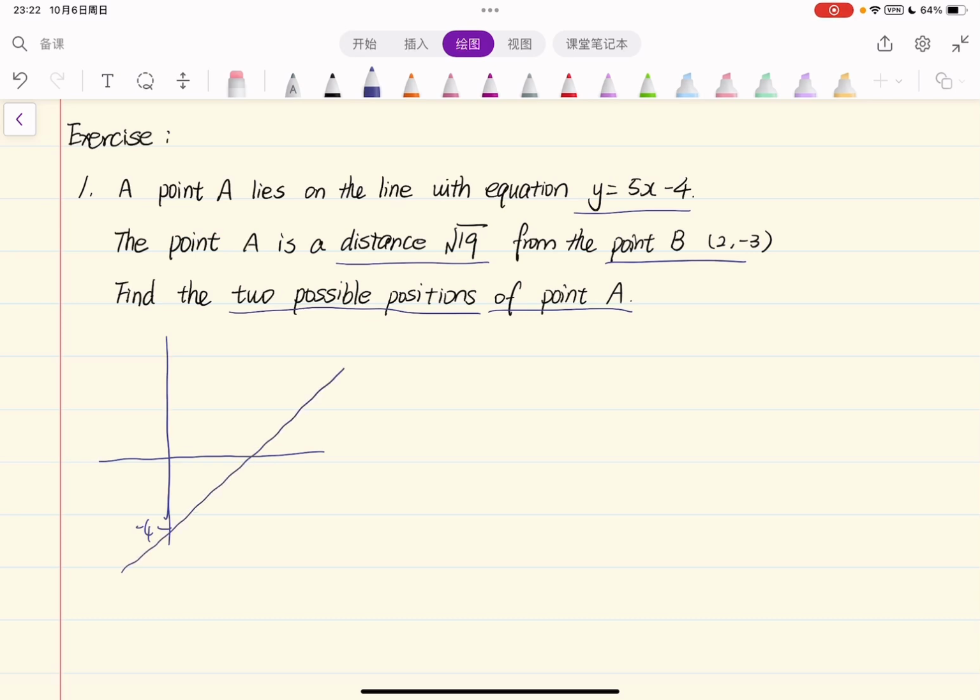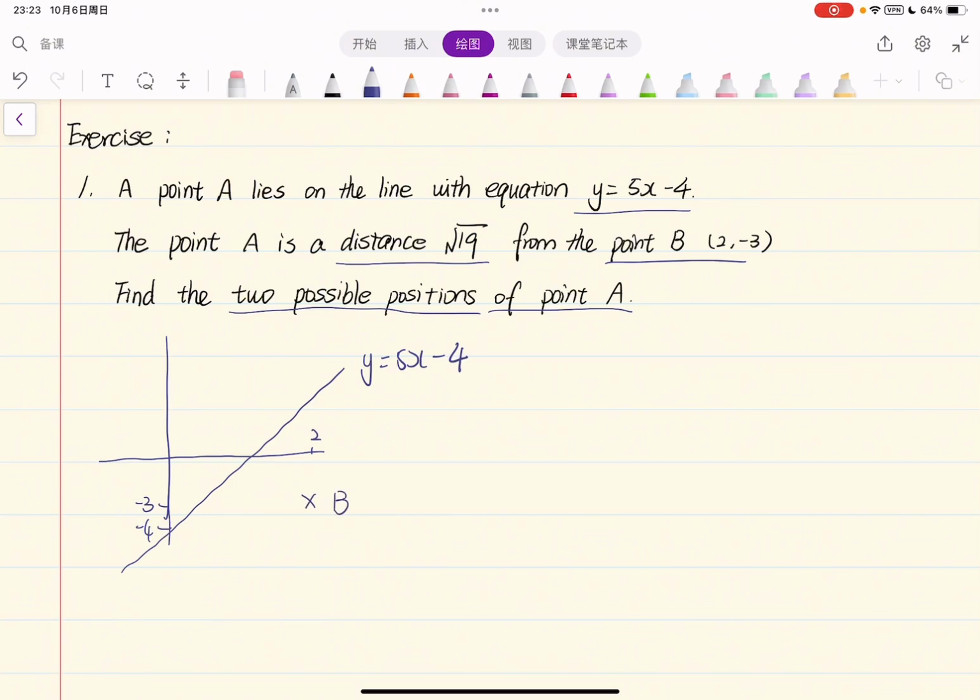The sketch looks like that because 5 is positive, so it's upward. That is y equals to 5x minus 4. And we need to sketch point B, that is 2, that is minus 3, probably over here.